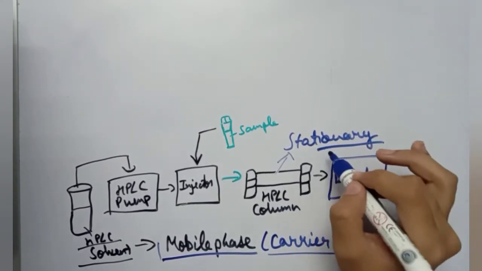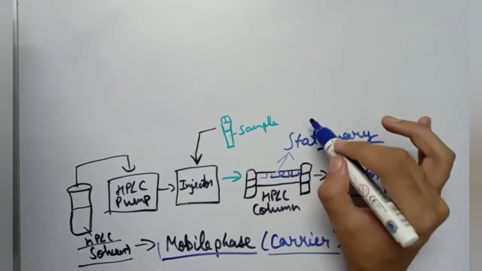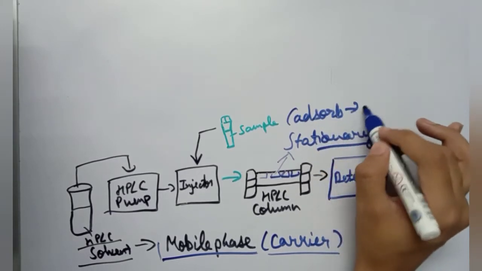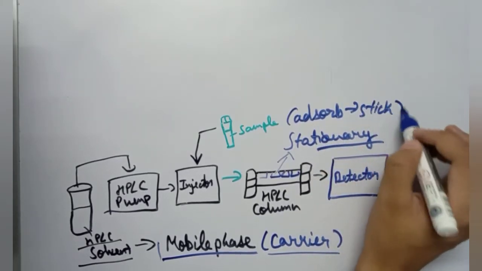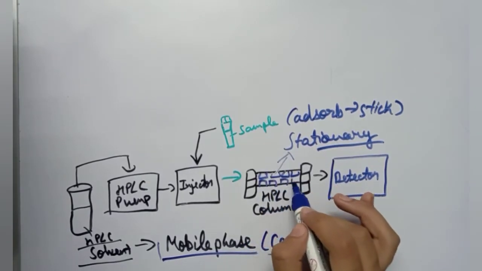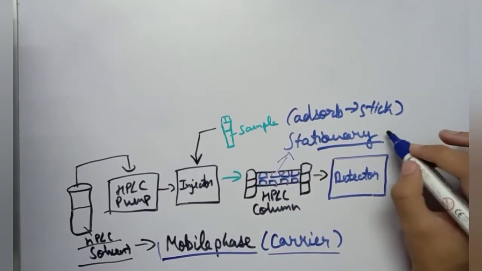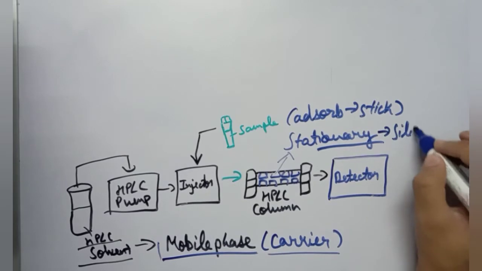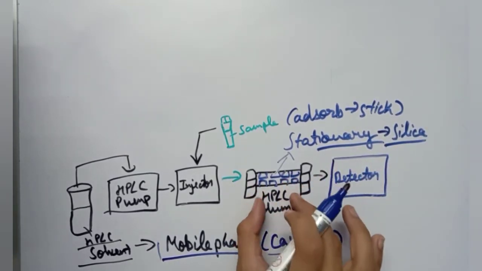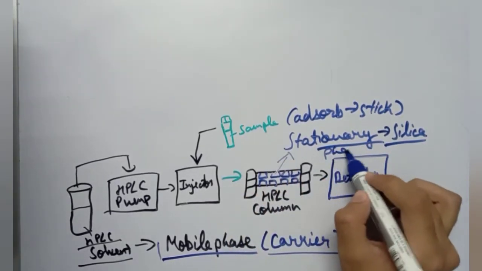And the stationary phase is mostly solid in state, as I have told you earlier. The stationary phase basically is adsorbed. Adsorbed means it sticks to the surface of the HPLC column. So the stationary phase just sticks to the surface of the HPLC column, and mostly silica beads are taken. You can also say that silica beads stick to the surface of the HPLC column and act as the stationary phase here.